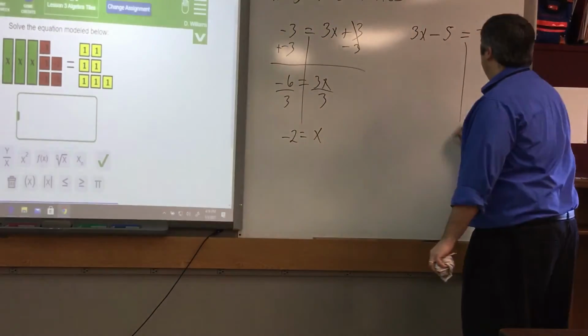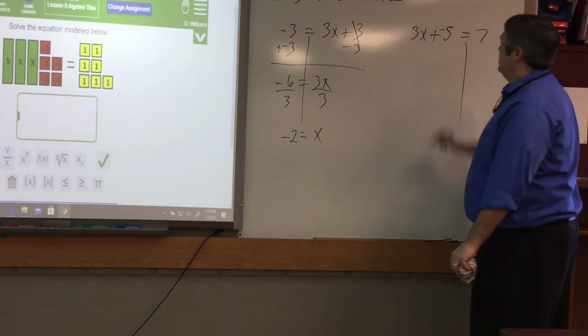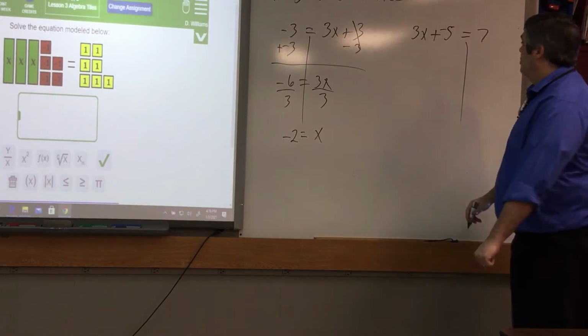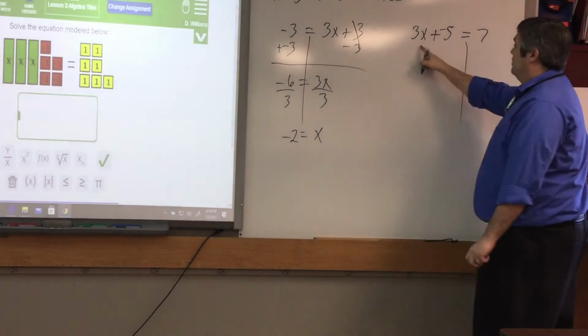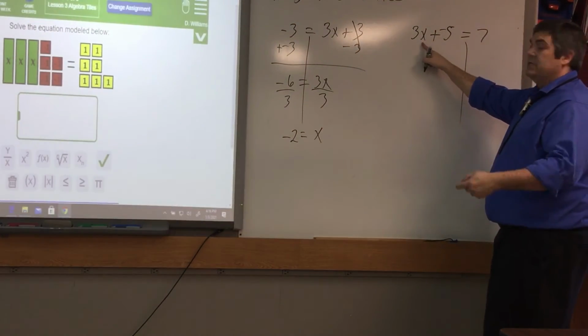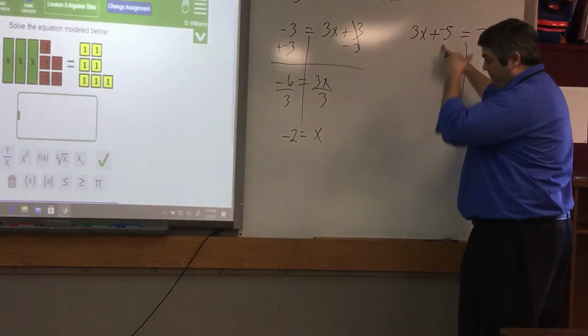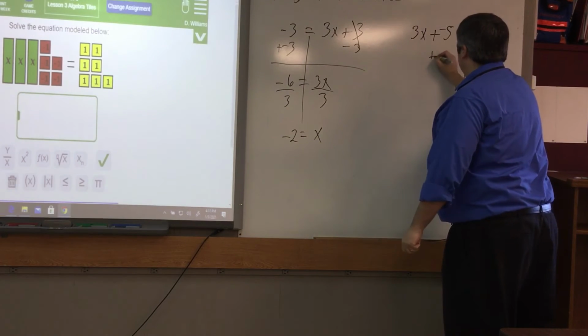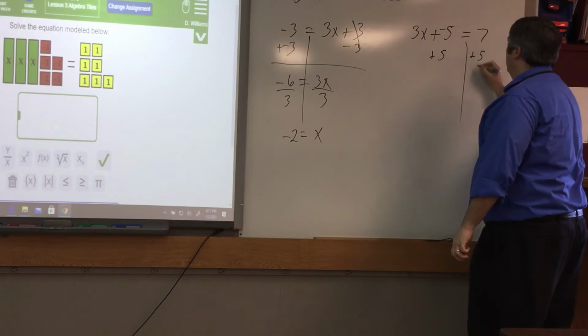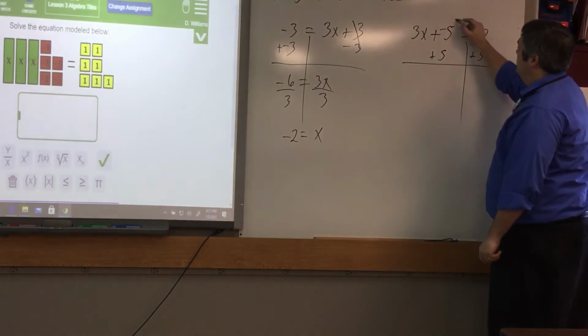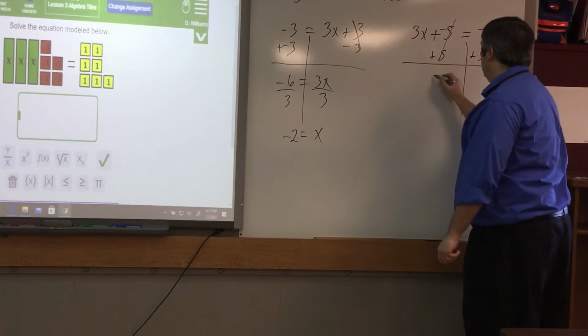Or you can do what I'm about to do right here, plus negative 5. How do I find my variable? Do the thing that's furthest away on the same side, plus negative 5. So, plus 5, plus 5. This cancels out. Bring this down.